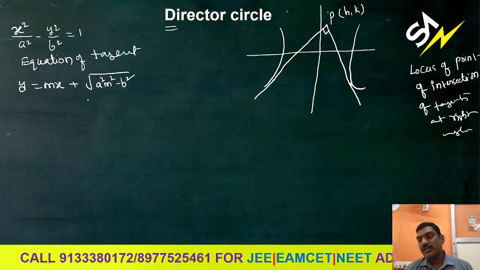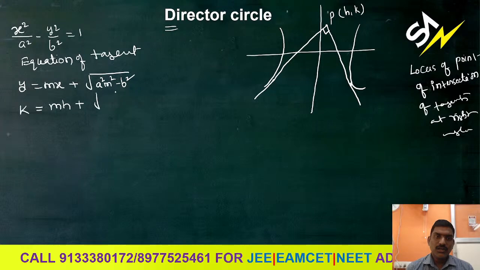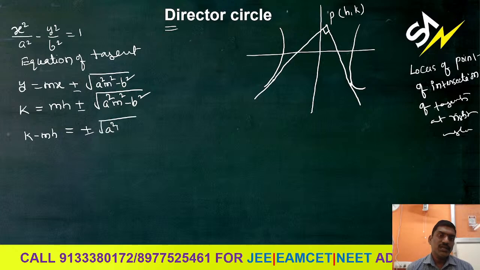Now the tangent passes through point P, so substitute the point P in this, then we get k equals mh plus or minus under root of a square m square minus b square. Bring mh to that side: k minus mh equals plus or minus under root of a square m square minus b square. Then square on both sides.